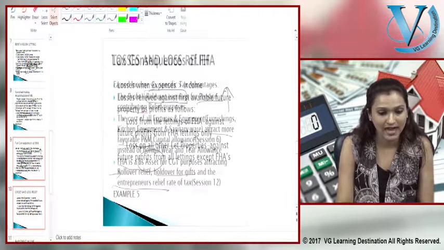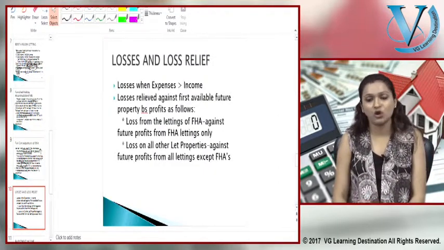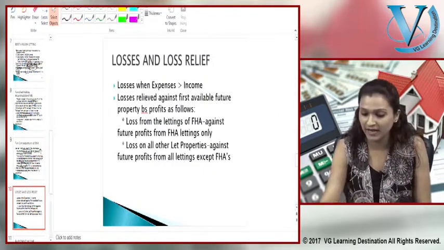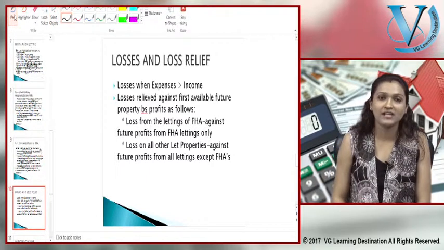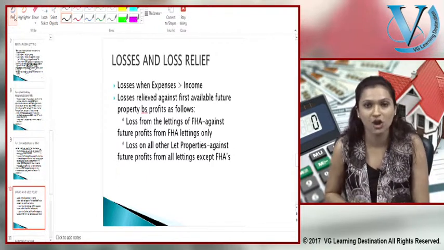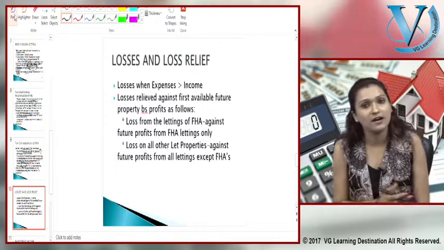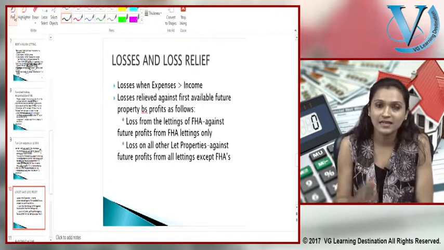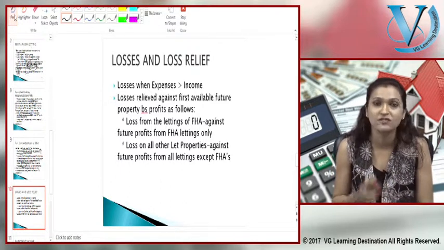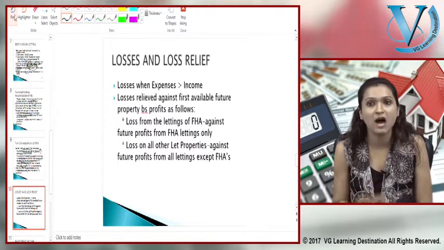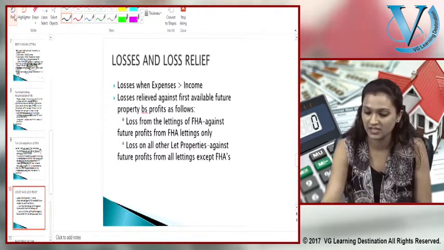Now let's have a look at how losses and loss reliefs are going to be made under your furnished holiday accommodation, which forms a part of your earned income, and under your other income, which is your unearned income, that is income from property apart from furnished holiday accommodations.